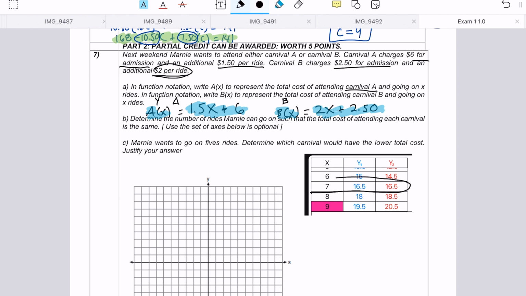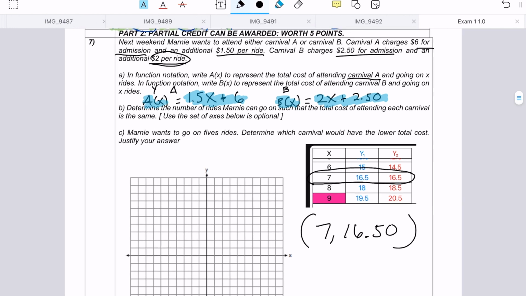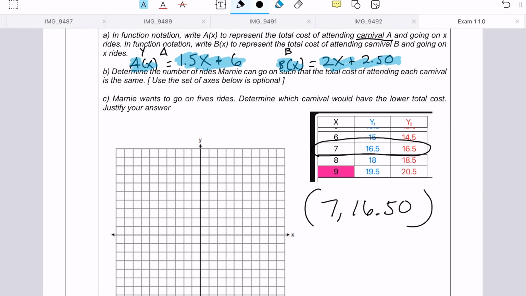So the solution is at 7, 1650. That's an alternative to actually graphing. Okay, if you wanted to do the graphing method, that's fine too.